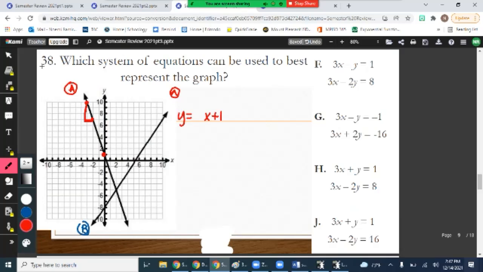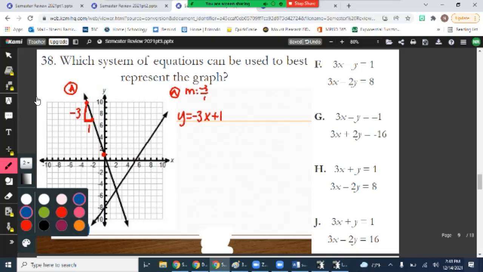And I'm going in what direction? Down 3/1, making that a -3/1. So if you simplify it, it's just -3. You don't need to leave it as a fraction if your answer choices are in equation form, okay?